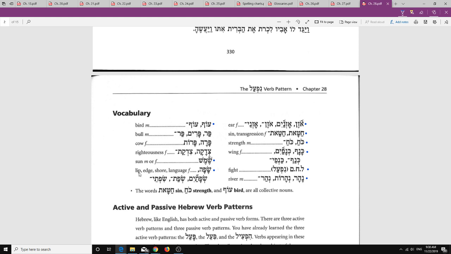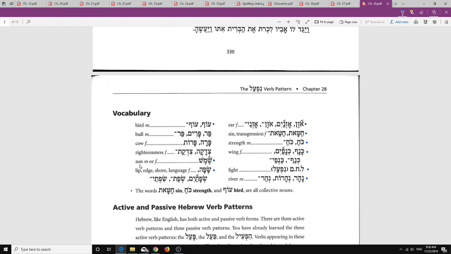Not the flower. Two is in the number in lip. Okay, and lips are a sort of edge, right? And a shore is like the edge between land and water. So you can kind of see the progression here. But then language ties back to lip. In the same way, language can come from the word like tongue.